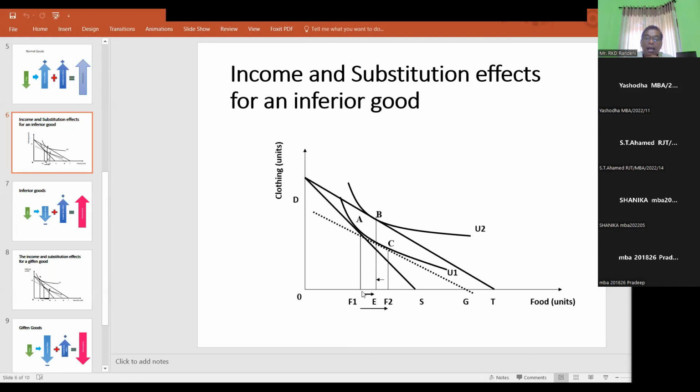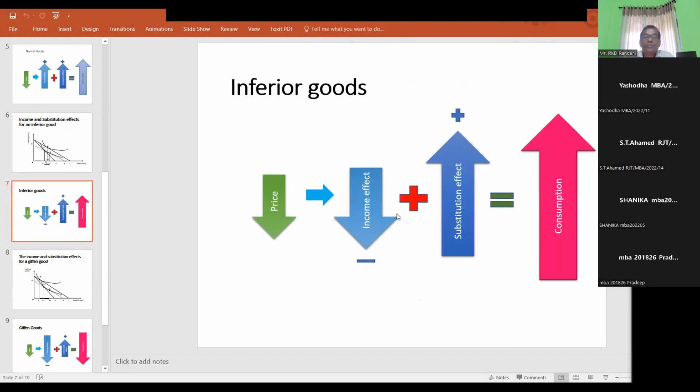Then the total effect or price effect is also part of the substitution effect, right? That is inferior goods. The substitution effect is more powerful than the income effect. Then the final effect, that total effect, is also part of the substitution effect.